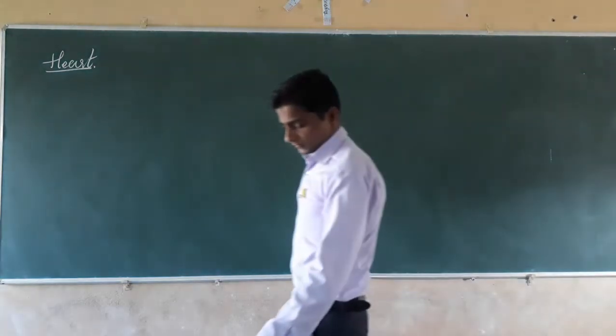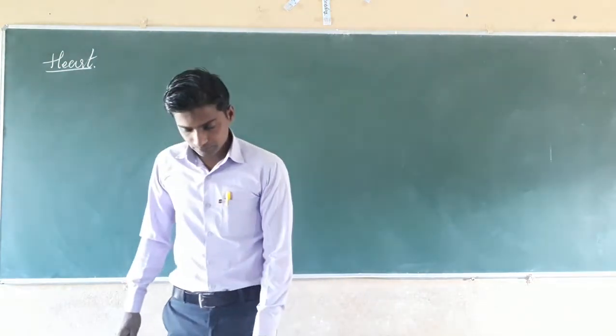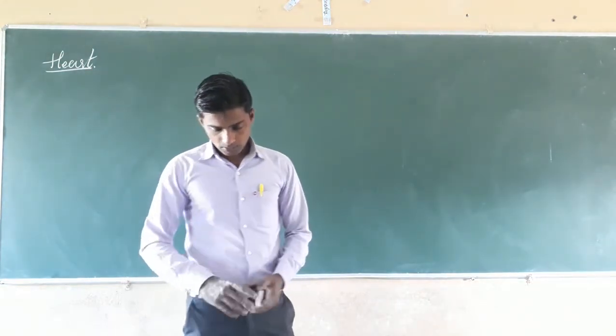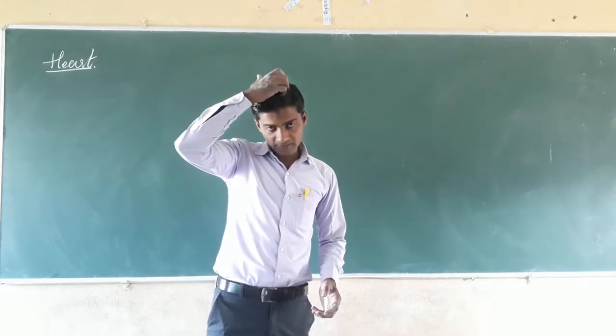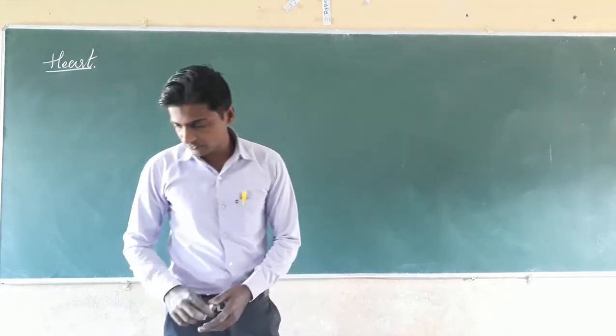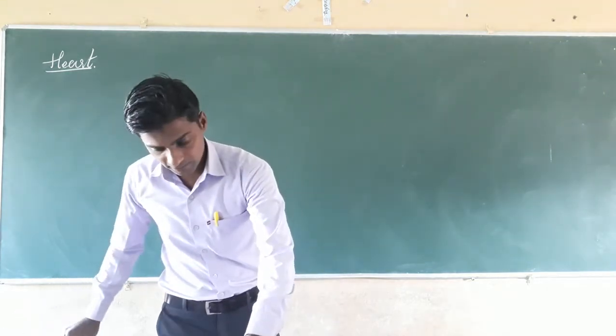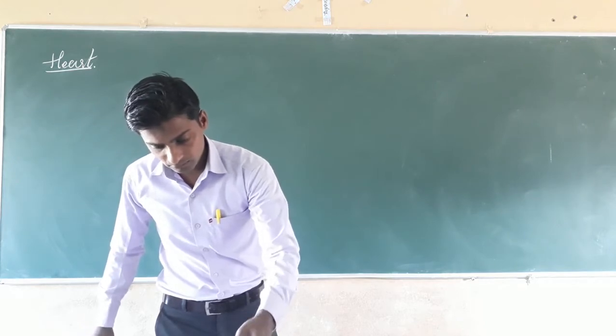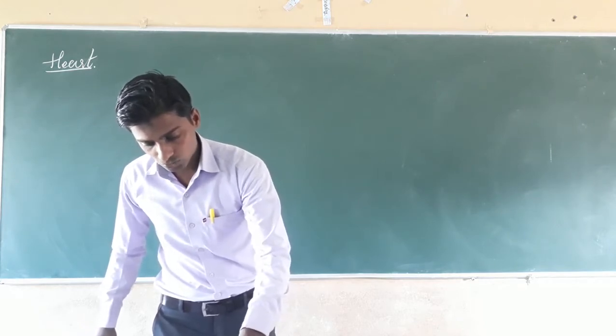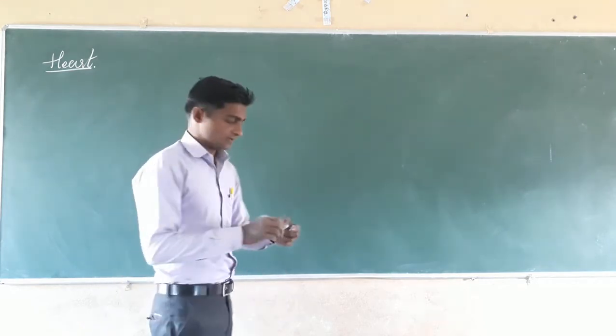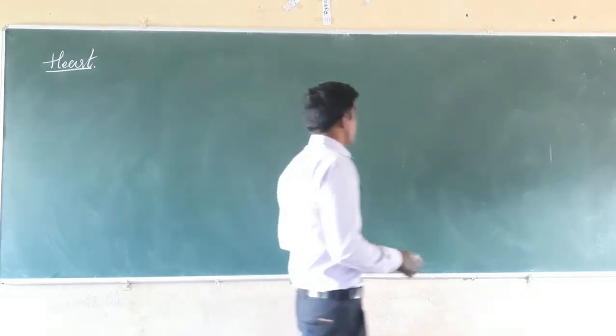Next, dear students, the human heart is made up of four chambers, that is two upper chambers and two lower chambers. See, I am going to draw the human heart diagram.